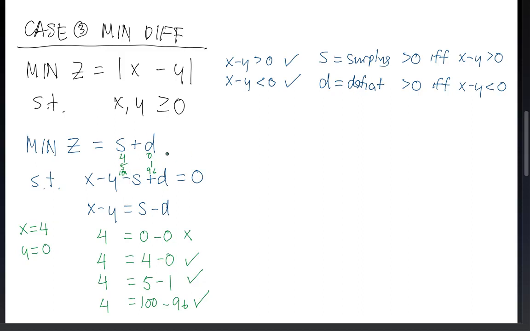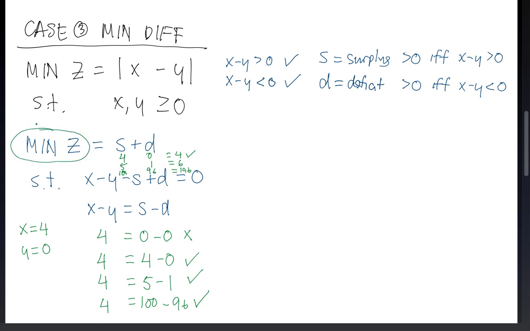Let's take a look. Z in this case will be equal to 4. Z in this case will be equal to 6. Z in this case will be equal to 196. We know that the correct answer is 4, right? But 6 and 196 are also possible answers that fulfill all of the constraints. But why will it choose 4? Let's go back to our objective function. We want to minimize, right?